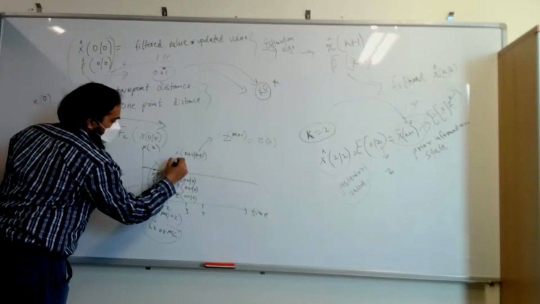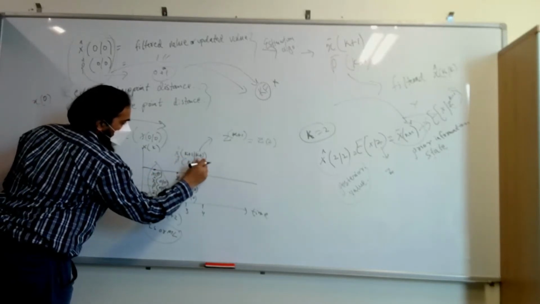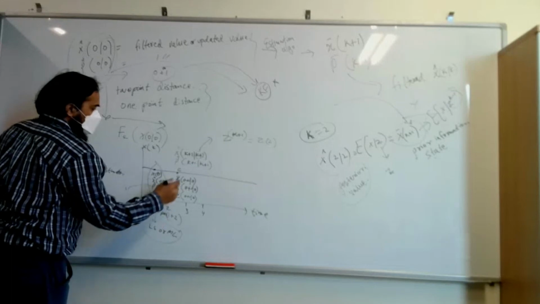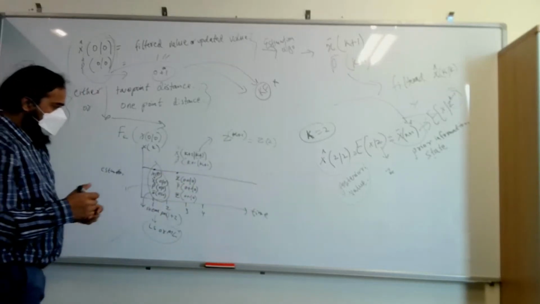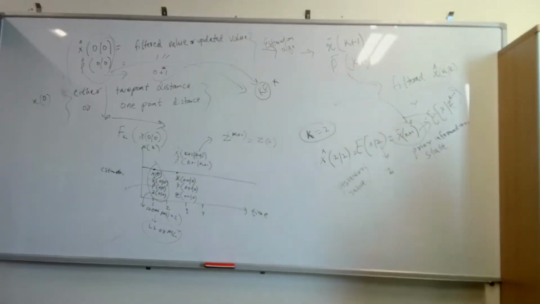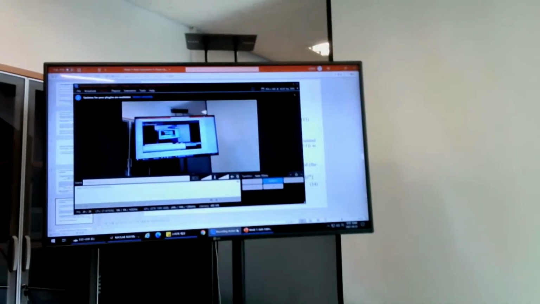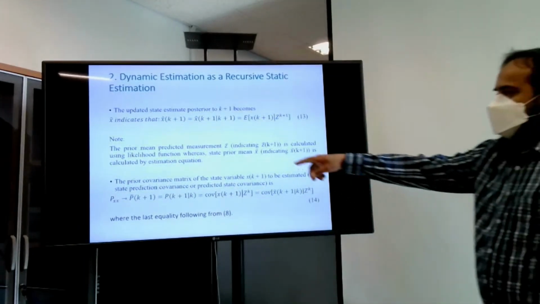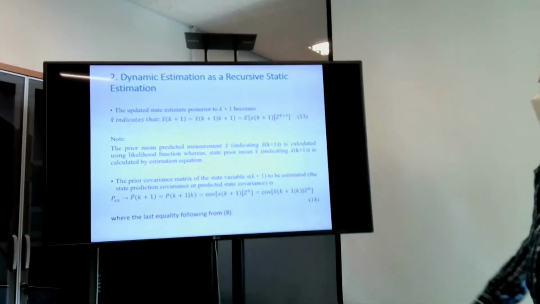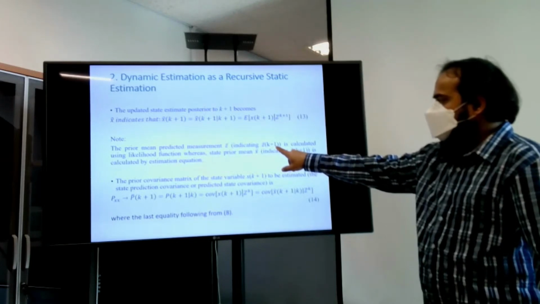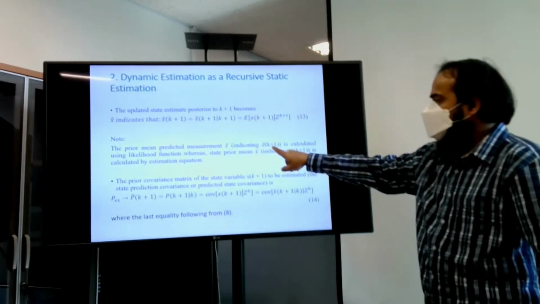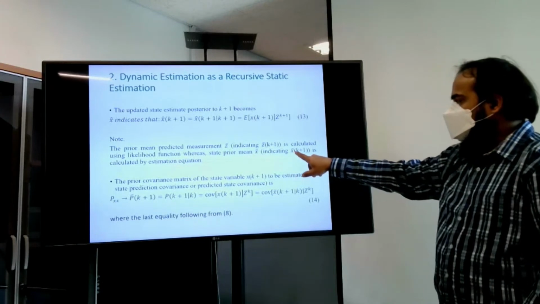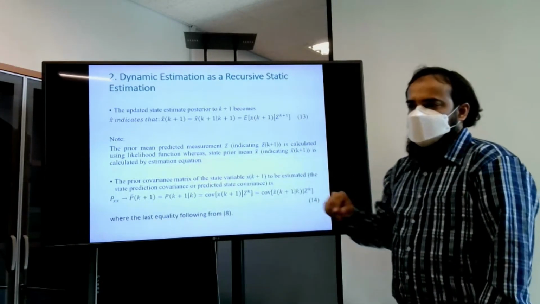So this estimator, k plus 1. You have to note that the predicted mean measurement, indicating z k plus 1 prediction, because we are sending the information to the next scan, is calculated using the likelihood function, whereas the mean including this information is calculated by the estimation equation like the Kalman filter.